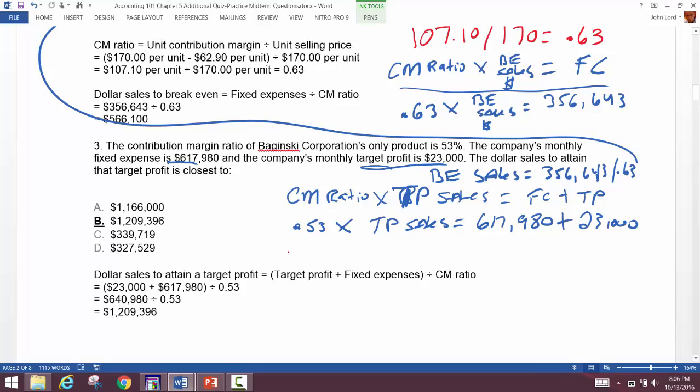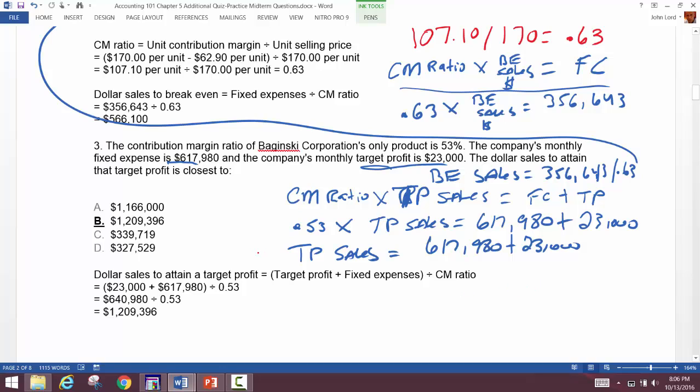Isn't this fun? Target profit sales then has to equal 617,980 plus 23,000. Somebody got a total there for me? What is that? 640,980.